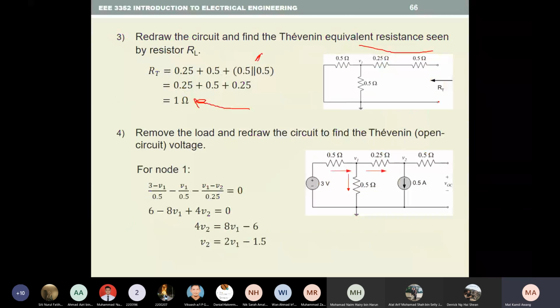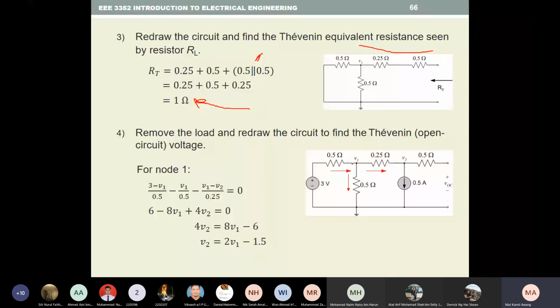So the second part is that we want to find the Thevenin open circuit voltage. So what do you need to do? You take out the load and you find the open circuit voltage here. You can use whatever method. In this method, it uses nodal analysis.